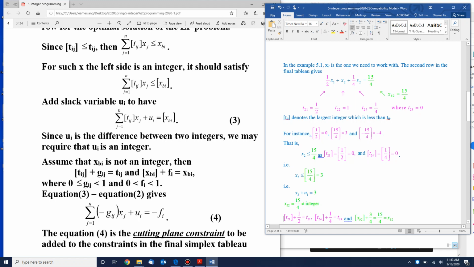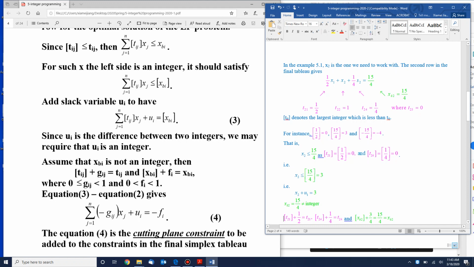So the largest integer less than t21, plus half, equals t21. We also have the largest integer less than t24 plus 1/4 equals t24, and the largest integer of xb2 plus 3 over 4 equals 3 plus 3 over 4, that's 15 over 4, equals xb2.